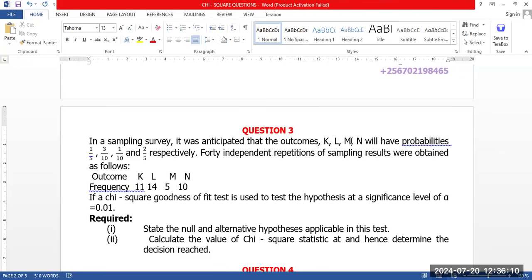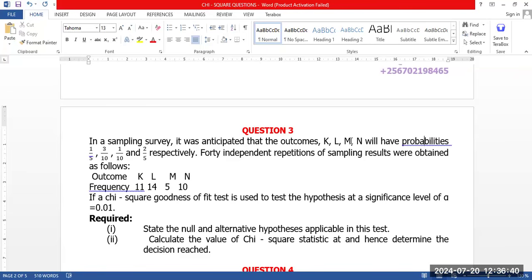This is your anticipation, your prediction. It was anticipated that the outcomes... So this is what you expect, your expected or predicted probabilities.